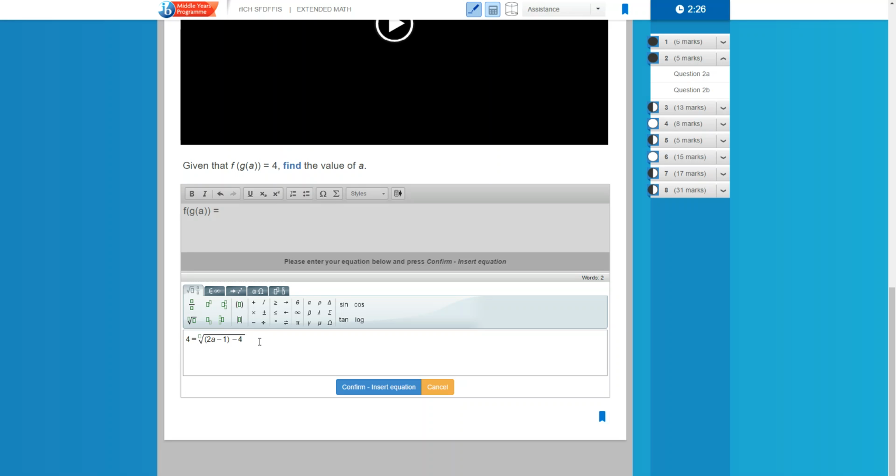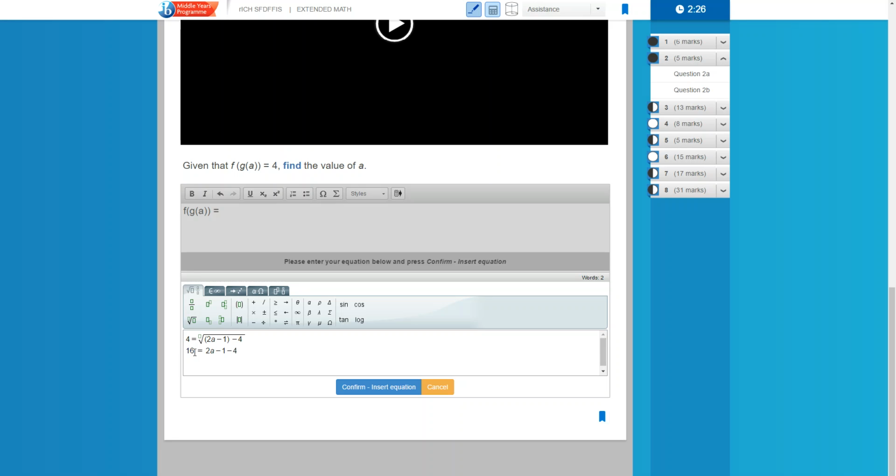Right, how do I go about solving this? What would you do first, Samara? Okay, now this minus 4 is underneath this square root sign. I would square both sides, so I get 16 equals 2a minus 1 minus 4.